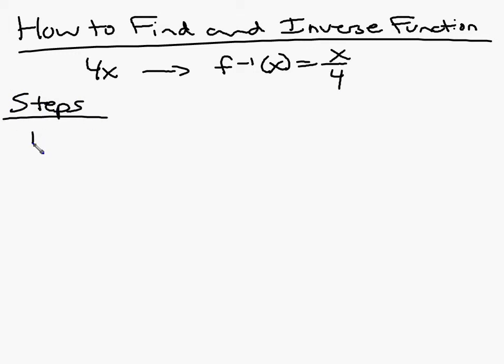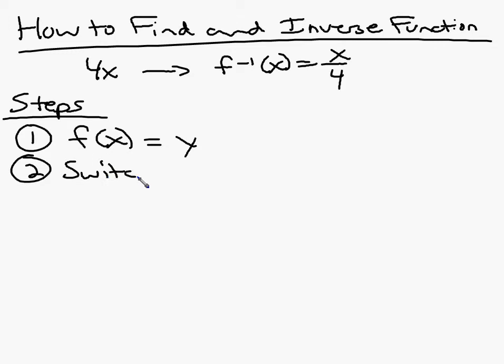Steps. Number one, f of x does equal y. So let's replace the f of x with the y, because we have to do some algebra to get this done. Number two, switch x and y in the equation.